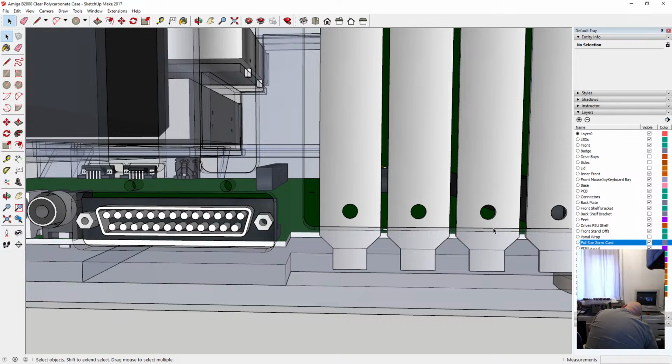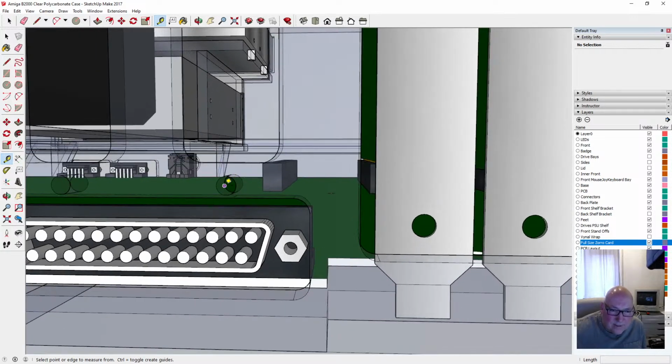Right, I've got from the top of here to the center of the screw 7.5 millimeters.